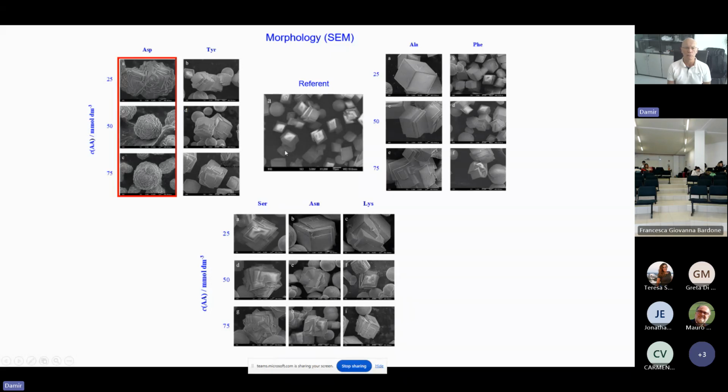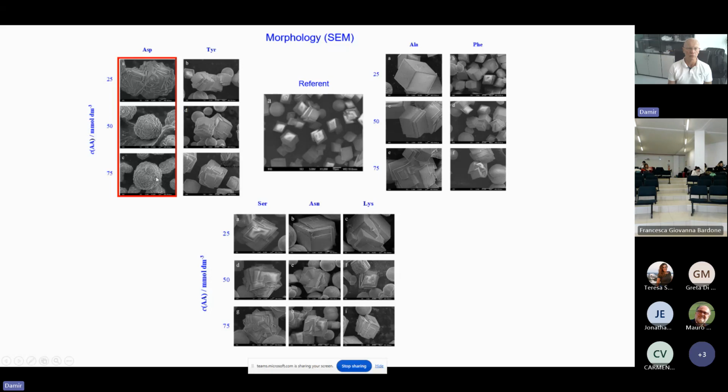In contrast to a reference system, in which we follow the morphology of the calcite, which is a pure rhombohedron in a pure system, even a low concentration of aspartic acid causes formation of additional planes, and crystals become spherical, almost perfectly spherical at a very high concentration of aspartic acid.